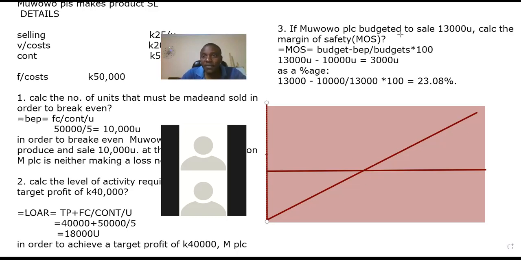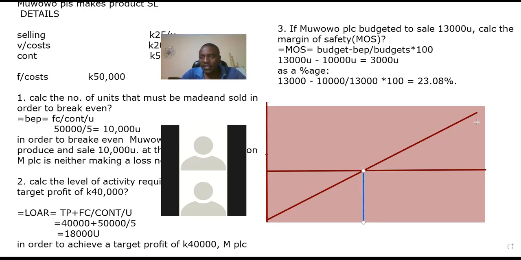So from here, guys, this point here is what we are calling the break even. So this point is the break even.